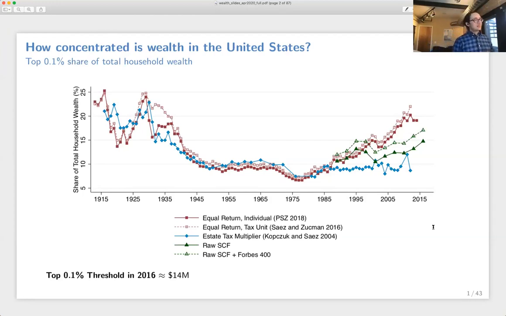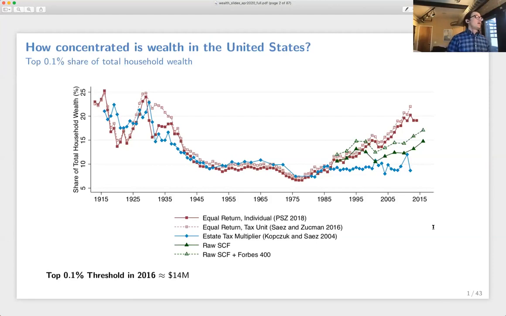Okay, so in blue diamonds, we have what's called the estate tax multiplier method. This was most recently used by Kopczuk and Saez. This approach takes wealth measures from estate tax returns and then estimates wealth of the living, using age-based mortality rates to blow up wealth observed on estate tax returns.